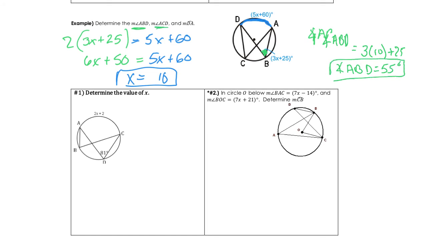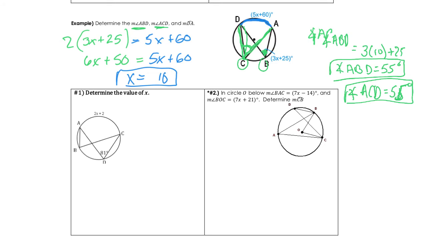Now if I wanted to find ACD, that is also an inscribed angle, and it's hitting the exact same arc, so angle B has got to be equal to angle C. So this angle is the same. Angle ACD is also 55, because they're inscribed angles and they hit the same arc.